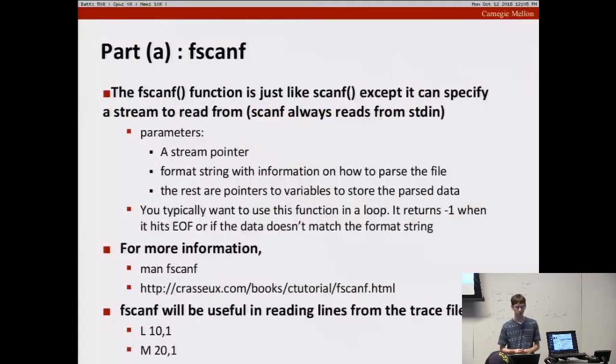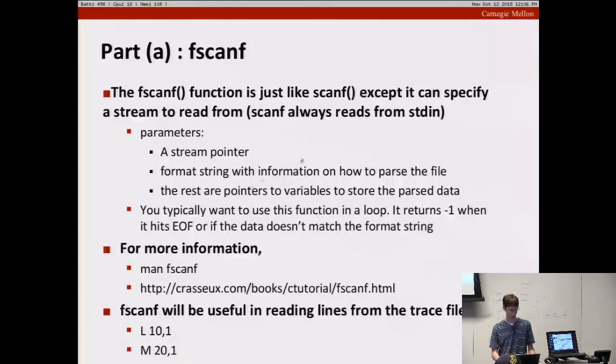Another thing that you might find useful is fscanf. fscanf can read from a file, and it will allow you to get stuff out of it with the different designators, the %d and %x and all those that you would use, same as in printf, to get values out of a stream.